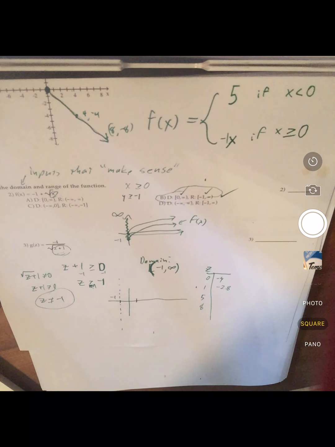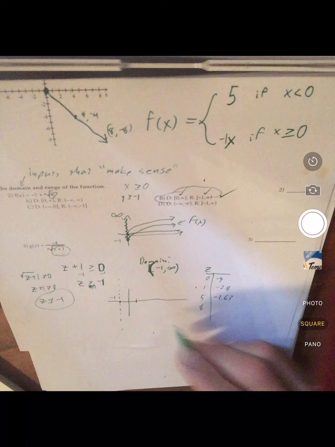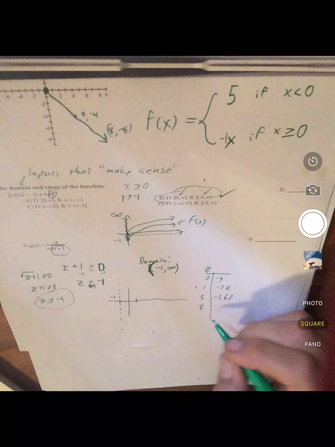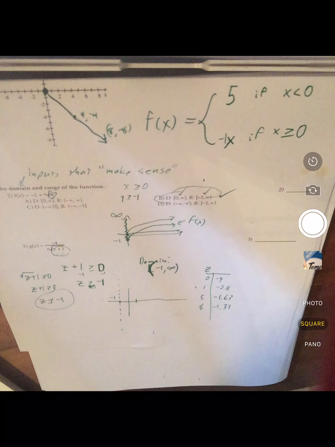Didn't calculate that right. Let me see what these come out to. I didn't pick numbers that come out nice, but I just want approximate values to get a sense of the graph. For z is 6, I get negative 1.63. Z is 8, it does come out nice, negative 4/3.